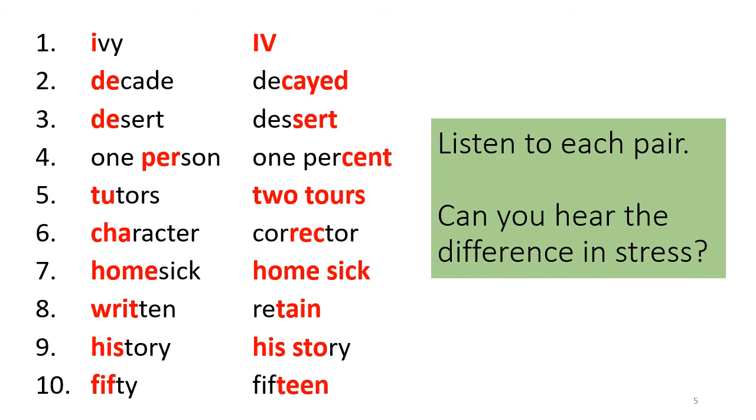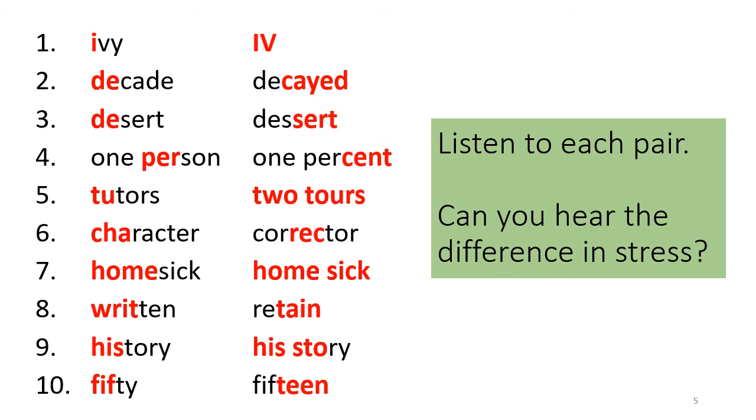1. Ivy. IV. 2. Decade. Decade. 3. Desert. Dessert. 4. One person. 1%. 5. Tutors. 2 tours. 6.